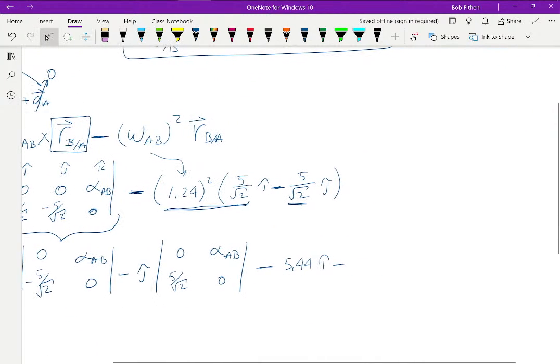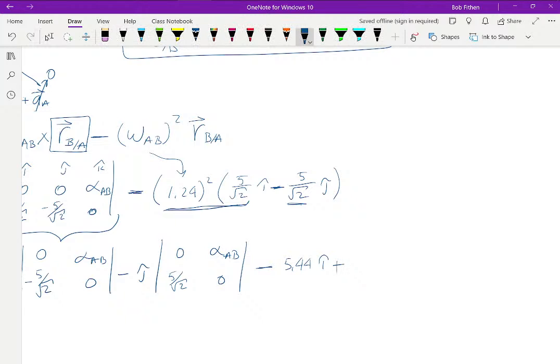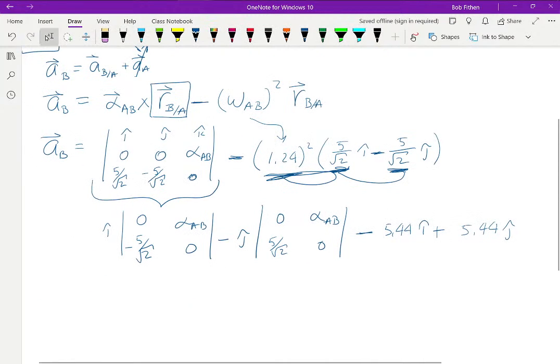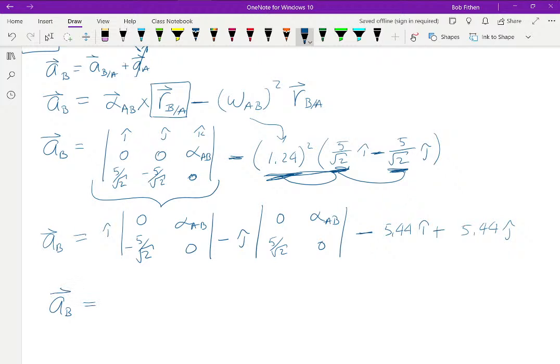Run back up, run over to the side. Okay, so I get minus there, I get plus there. Hang on. The reason they're the same is because this is the same as that multiplied by that number. Okay, that times that minus that times that.